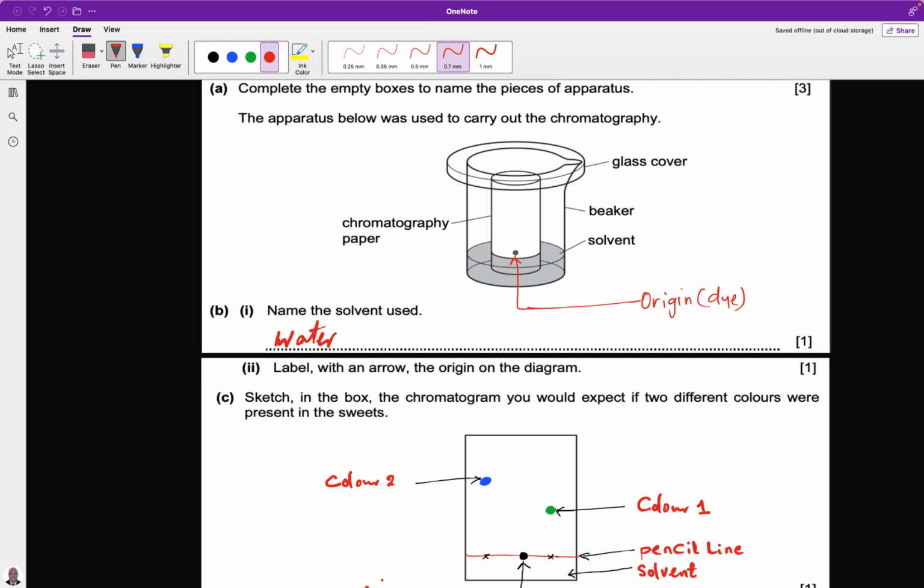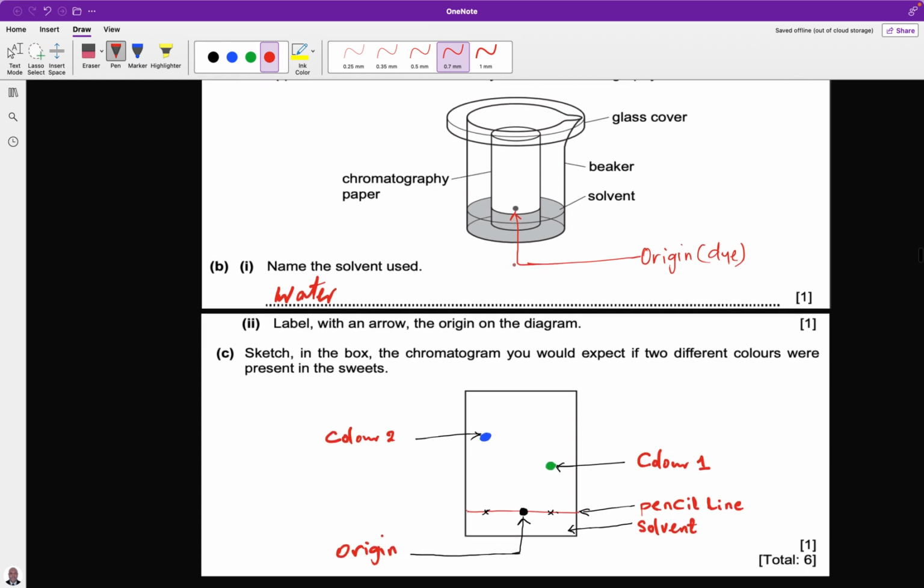Now, part 2: label with an arrow the origin on the diagram. This black dot here is the origin. This is the dye from the sweet that we are going to use in separating the color. So this is the origin, or what we call the dye.